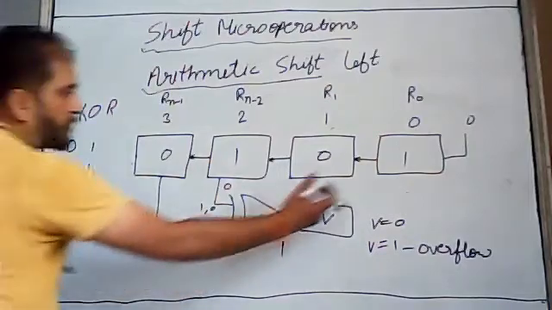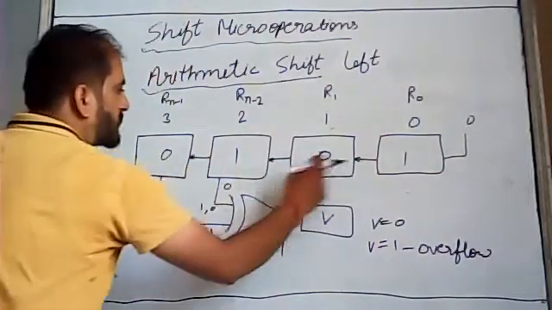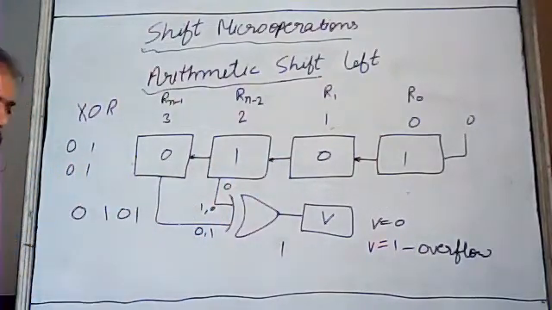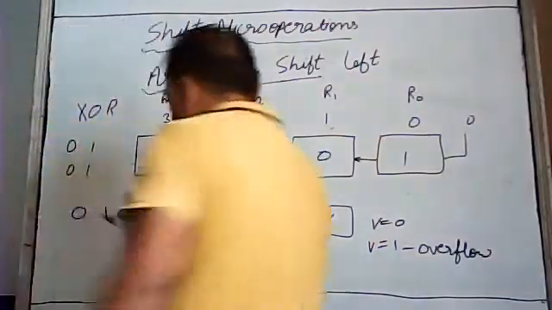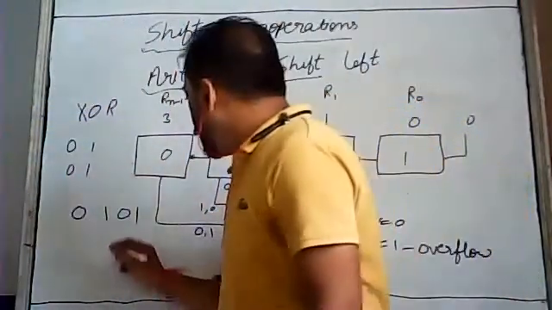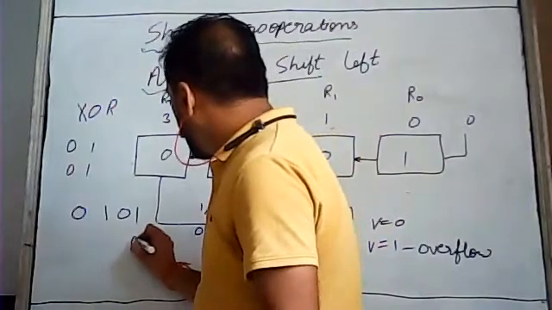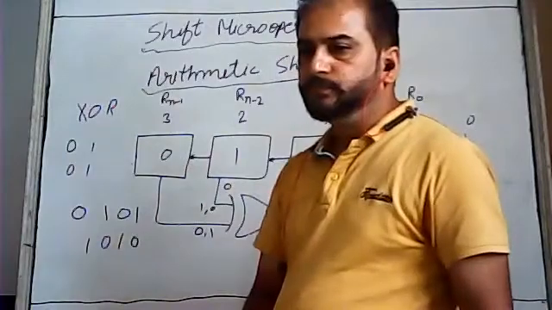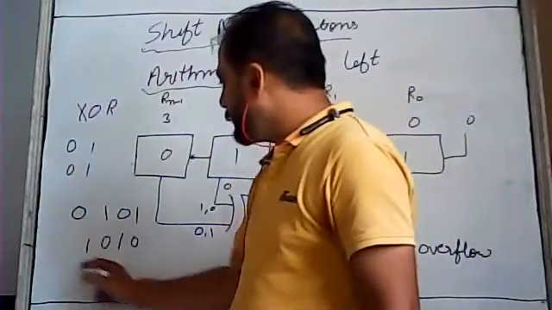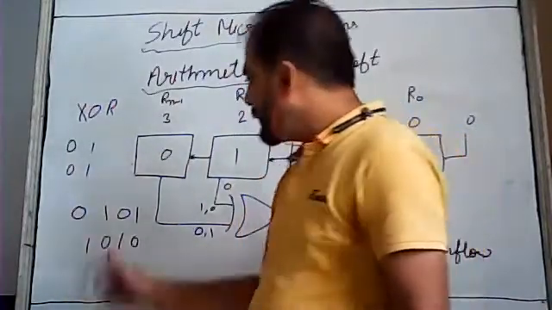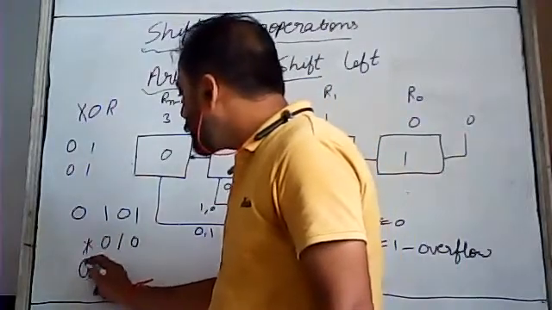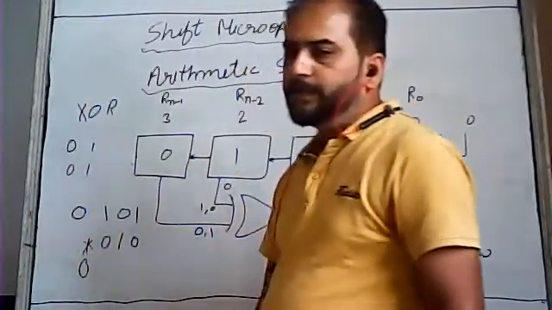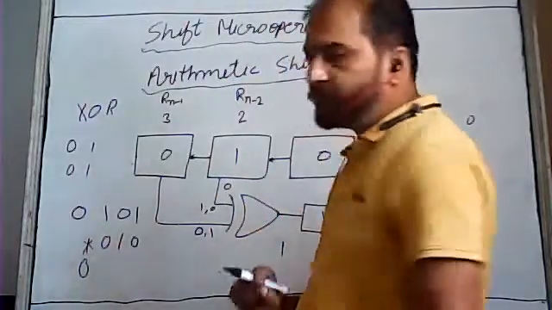Initially we have data 0, 1, 0, 1. When you shift the data to the left by 1 bit, we have output 1, 0, 1, 0. Here the sign of the number is changed, so we need sign reversal, and this last bit becomes 0 again. We will perform sign reversal for the arithmetic shift left.